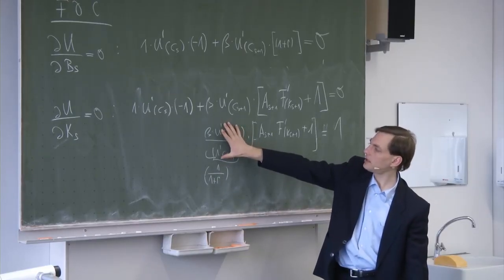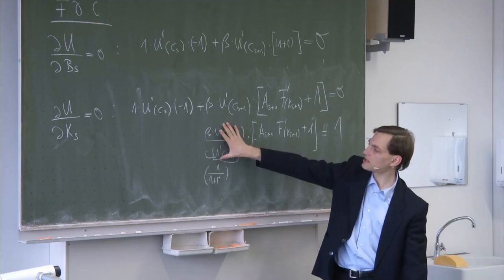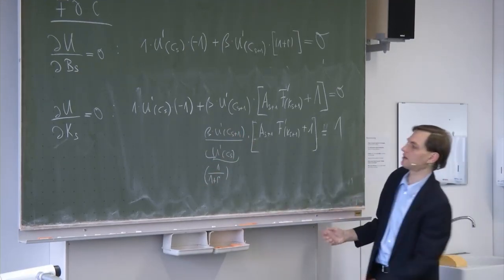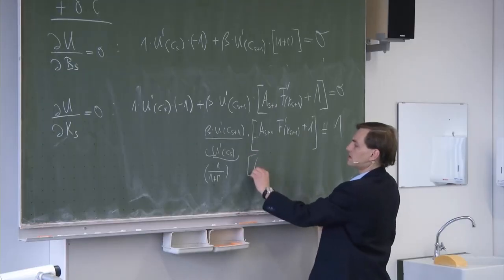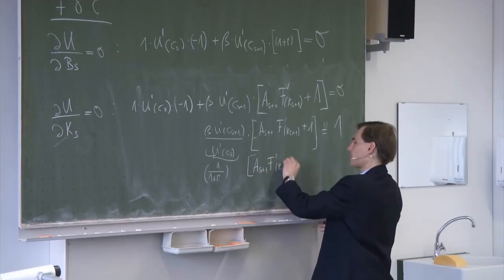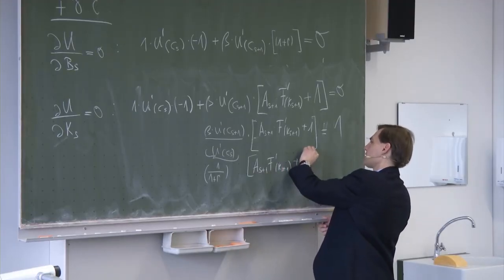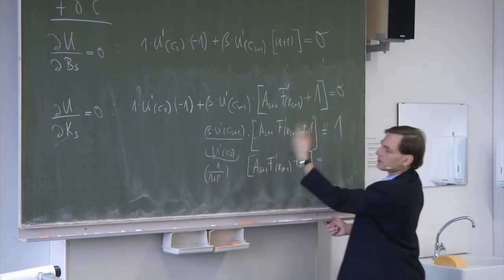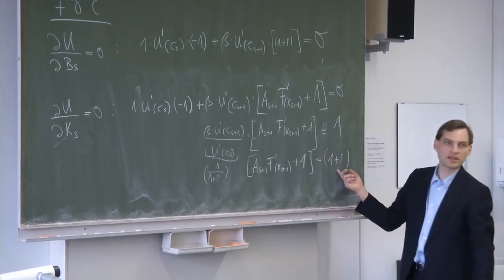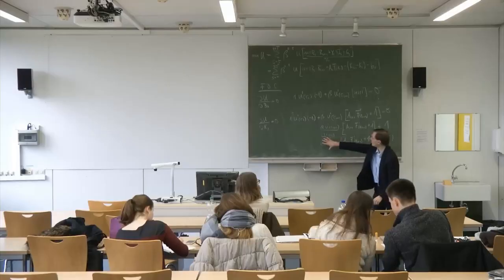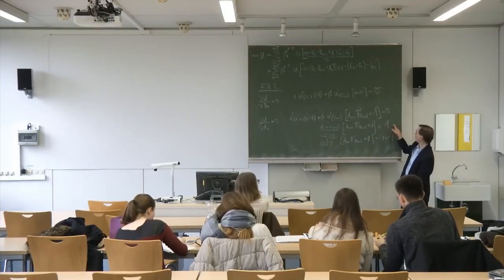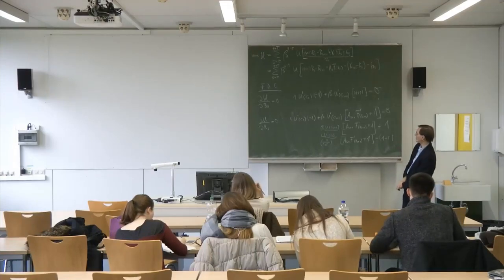So I plug in 1 over 1 plus r, and then I move the denominator on the other side. Then I have just what is in the bracket, plus 1. And the 1 remains here, and the 1 plus r term is on the right-hand side. I multiply the whole thing by 1 plus r. That brings the 1 plus r here on the right-hand side.